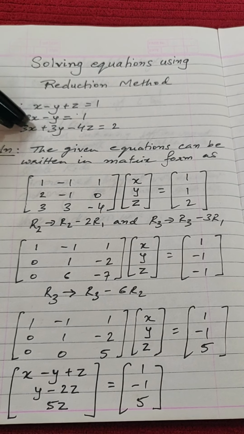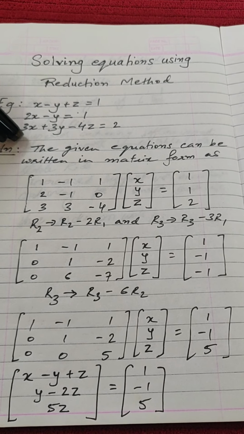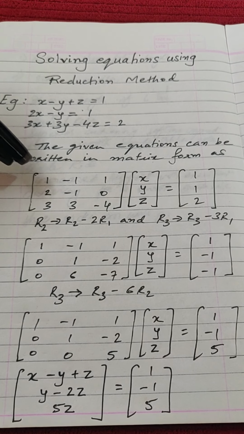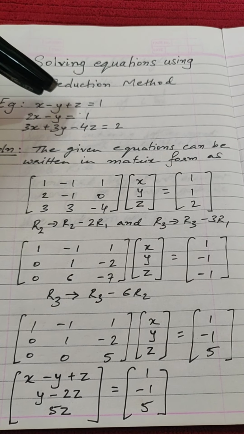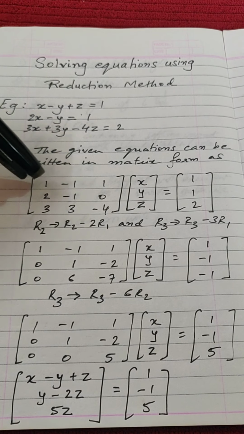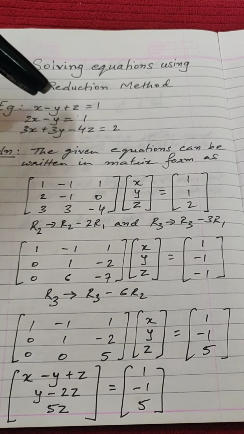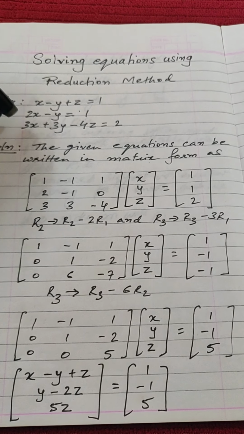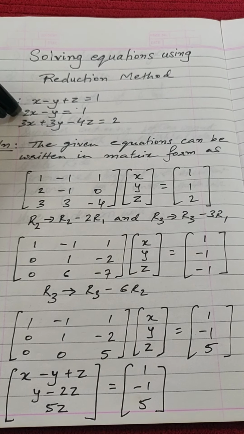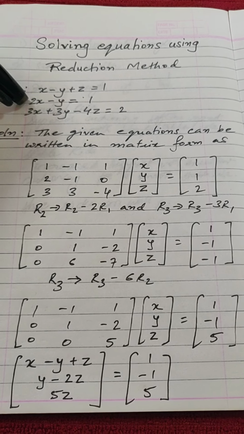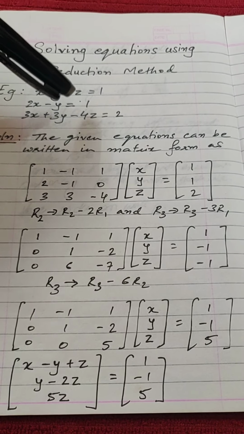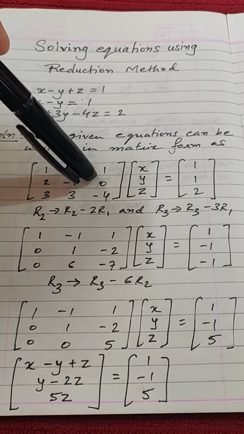Remember that these three equations can be written in the matrix form as follows. I have just picked up the coefficients of every x, y and z and written them horizontally. So 1, minus 1 and 1 comes here. And likewise, you have to be careful because there is no z term, so 2, then minus 1, and a 0 over here.